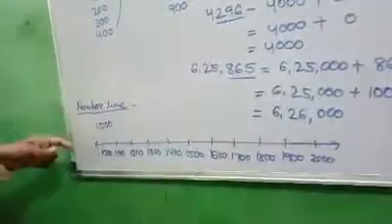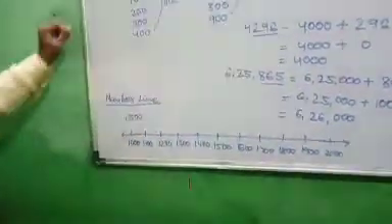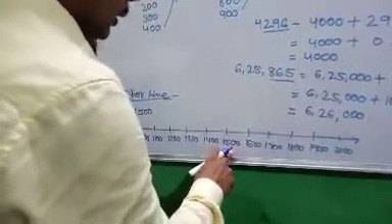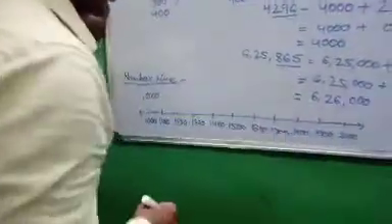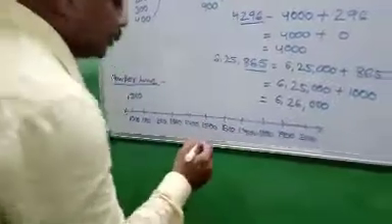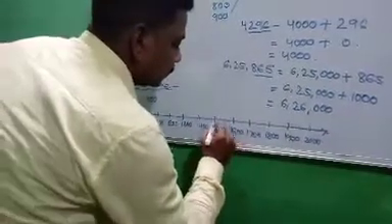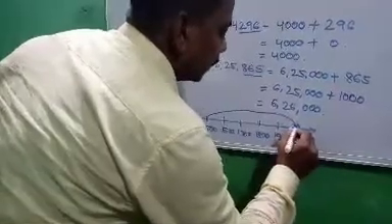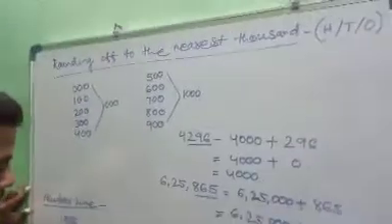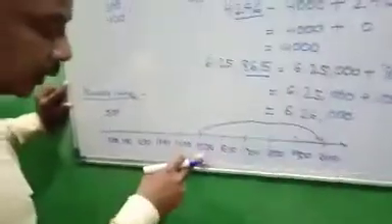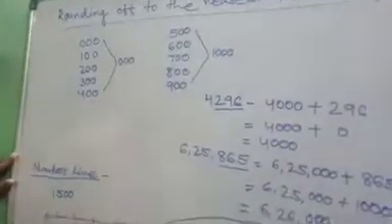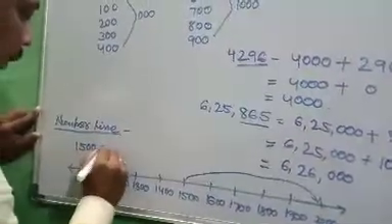Okay, our number is 1500, means this number is nearer to 2000. So the rounding of 1500 is 2000. Means here in the hundreds place 500 is there. 500 means it will become 1000. 1000 plus 1000 equals 2000.